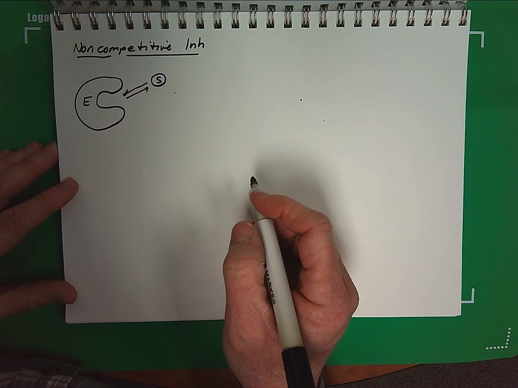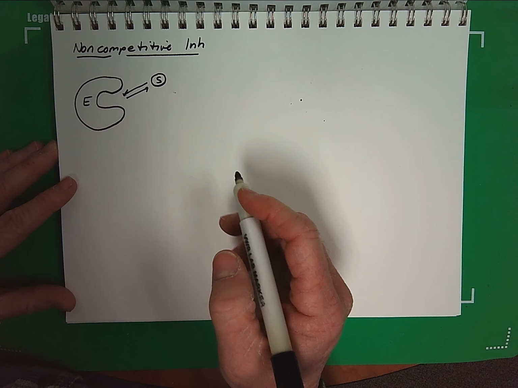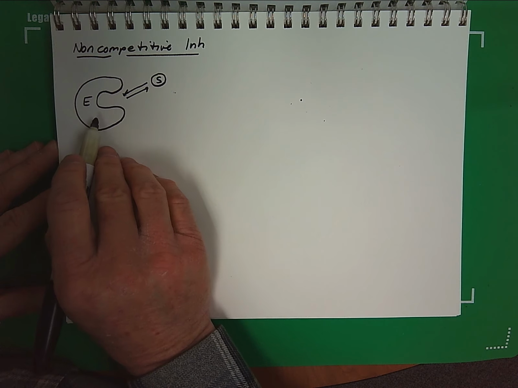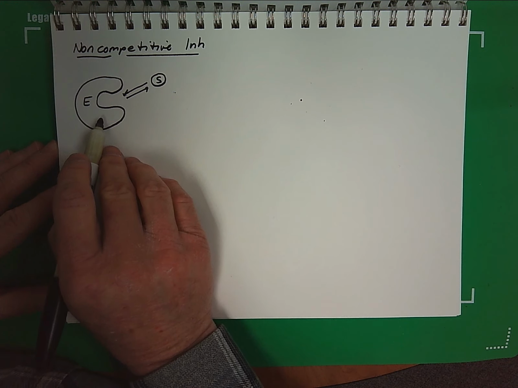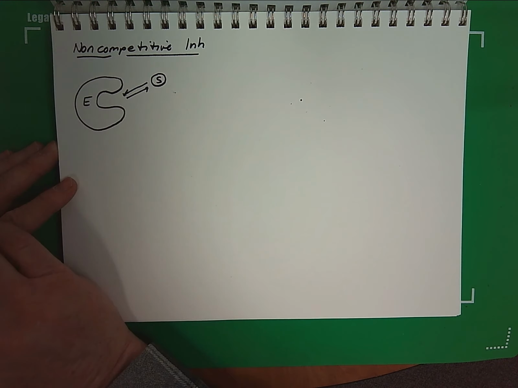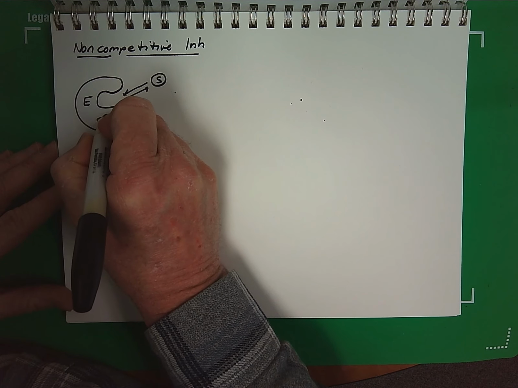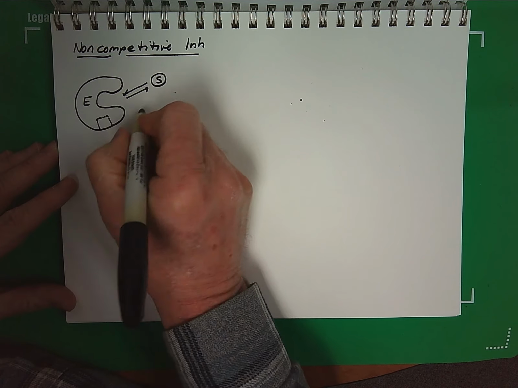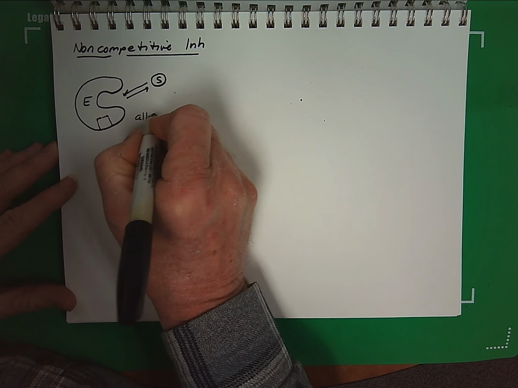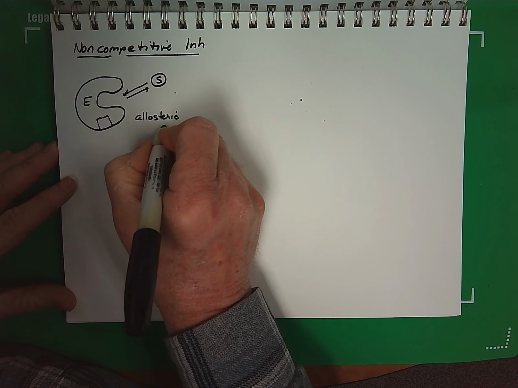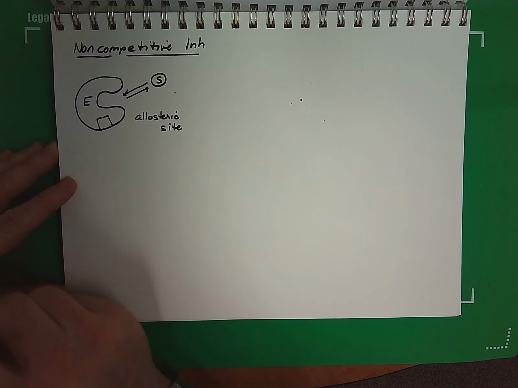Now, what a non-competitive inhibitor is going to do is adjust and affect the enzyme activity without competing for the substrate. So what that typically means is that there is what's called an allosteric site on the enzyme.